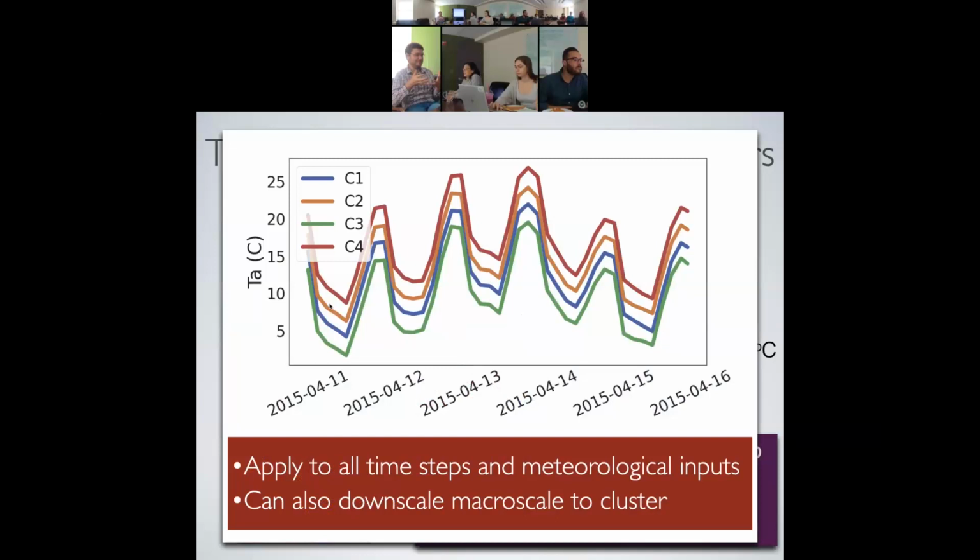Basically, in the uplands you're going to have lower temperatures, and in the lowlands you're going to have higher temperatures. And a similar idea for precipitation. The point is that you don't have to use a uniform grid cell meteorology as prescribed to the tiles. So if you have information that you can use for that, you can use it. Or if you have a way to downscale, you can use that as well.